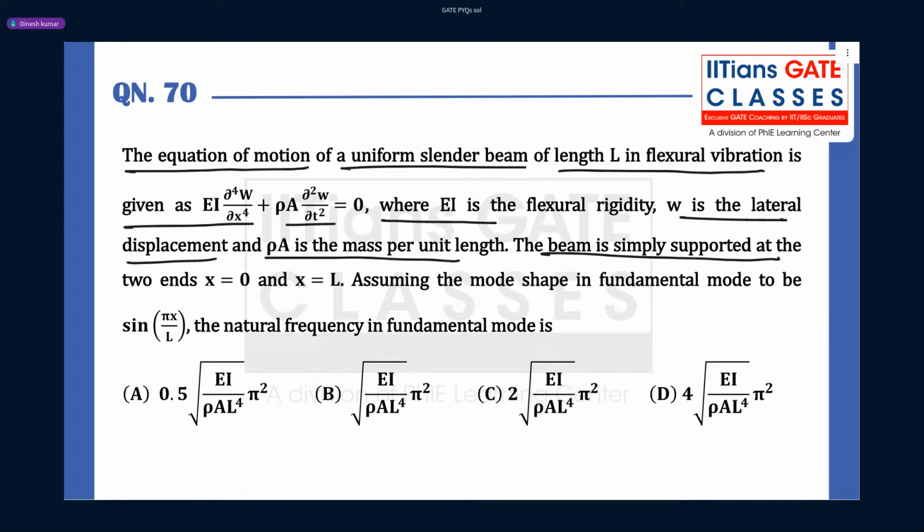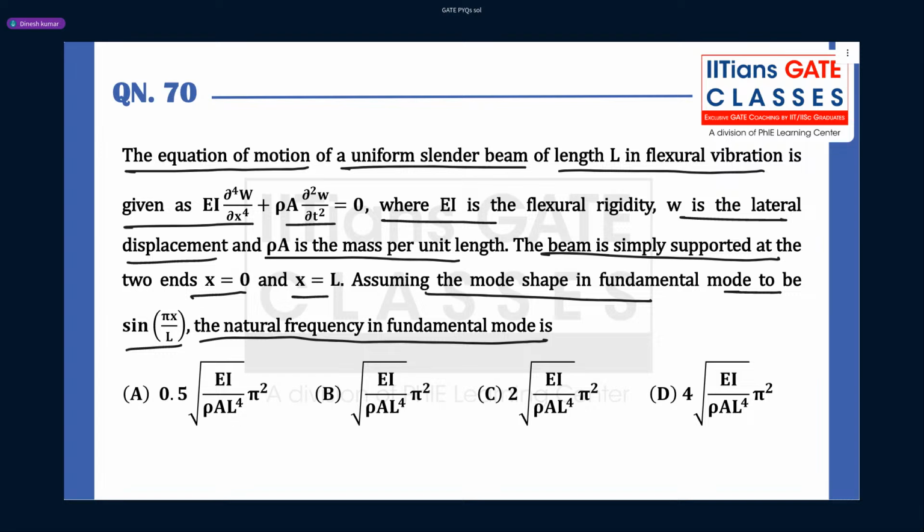The beam is simply supported at the two ends, at x = 0 and x = L. Assuming the mode shape in the fundamental mode to be sin(πx/L), the natural frequency in the fundamental mode is?